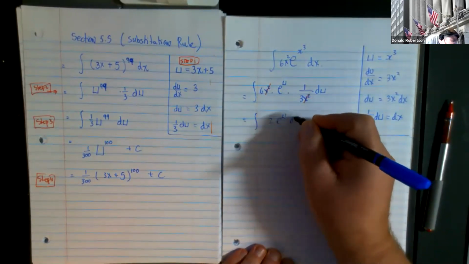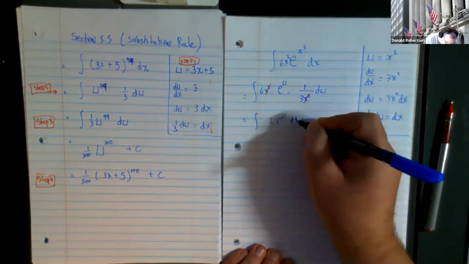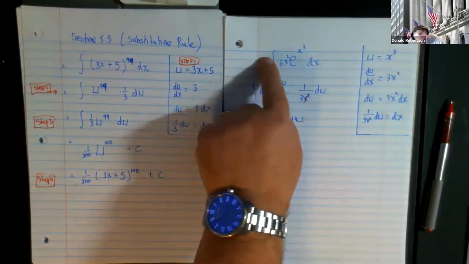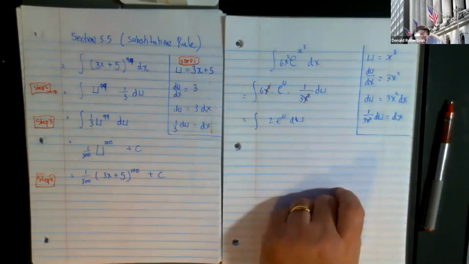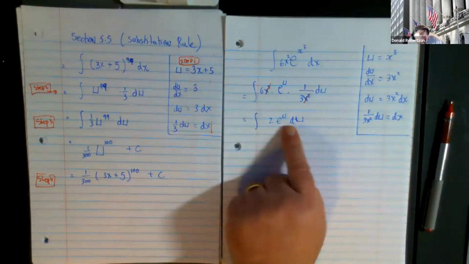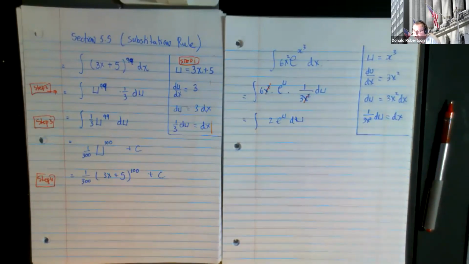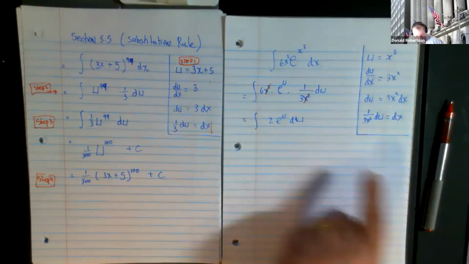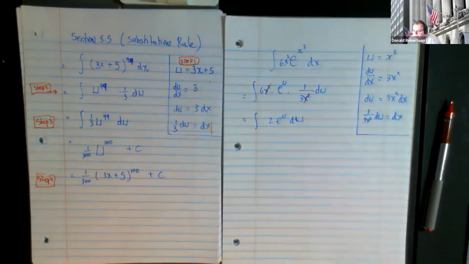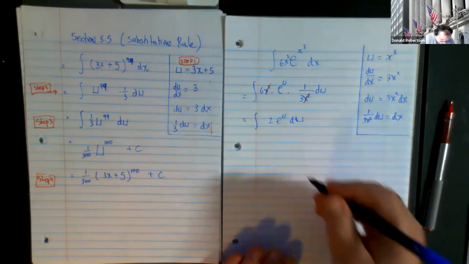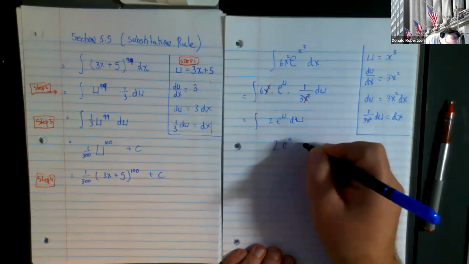So from what was a really funny looking, ugly, impossible to do integral, hasn't it turned into a very simple integral by the substitution process, right? 2e to the u is easy to integrate. It's 2e to the u.